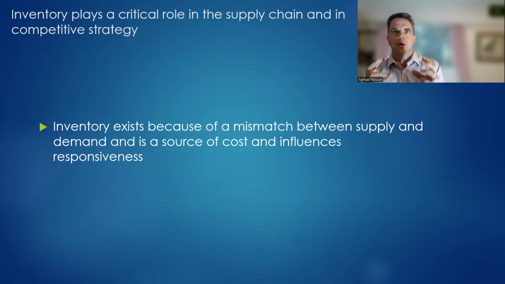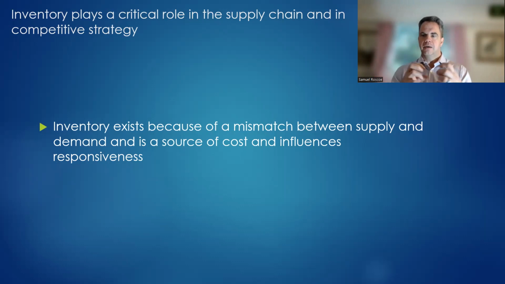So when we're trying to understand this idea of a mismatch between supply and demand, what we have today is very complex and very global supply chains. And those supply chains tend to be located in Southeast Asia, for instance, Vietnam, Bangladesh, Indonesia, China as well.